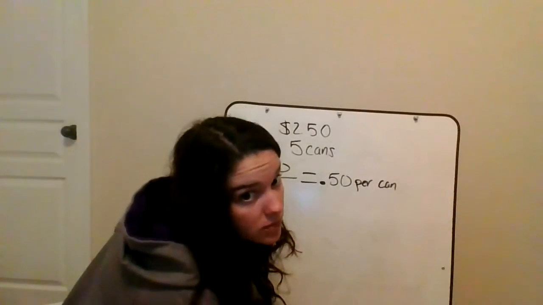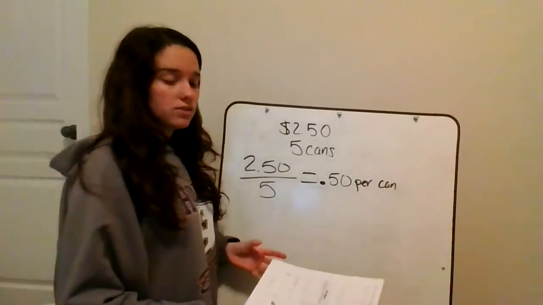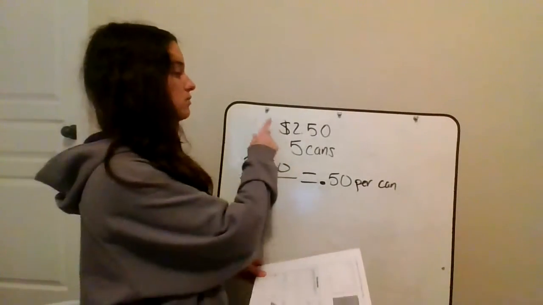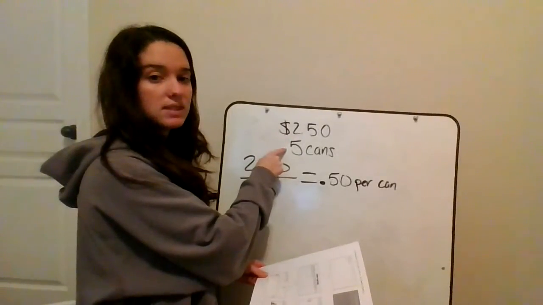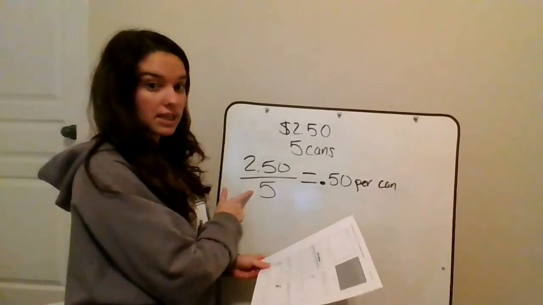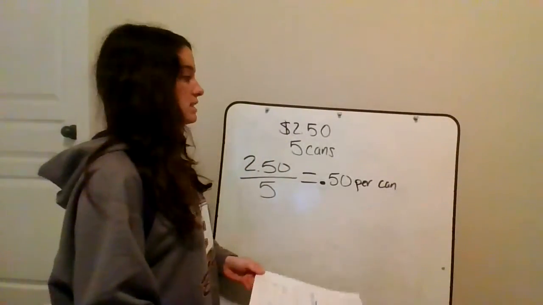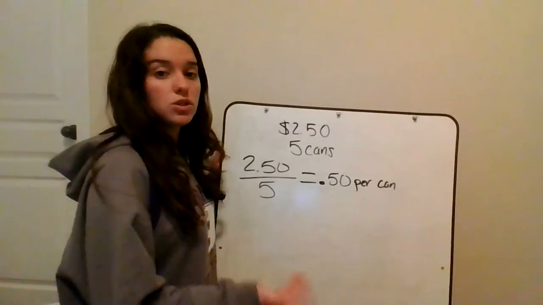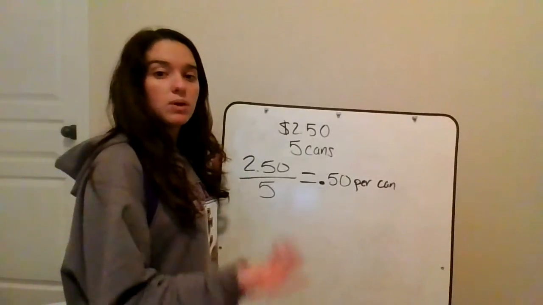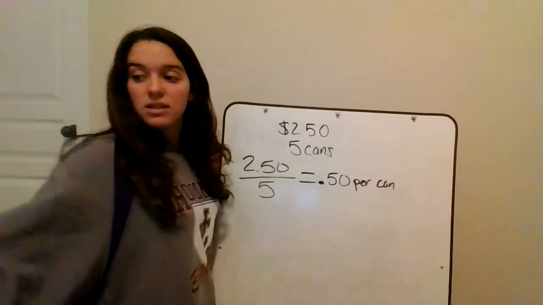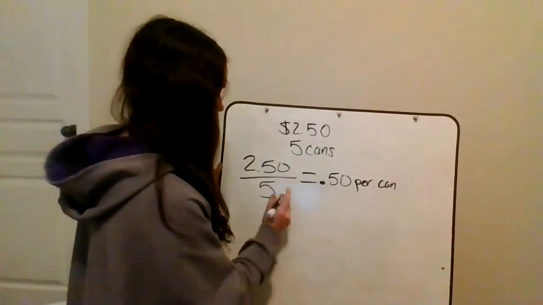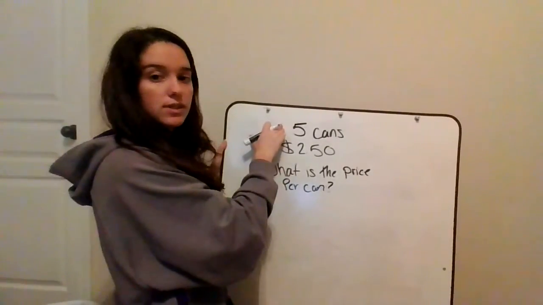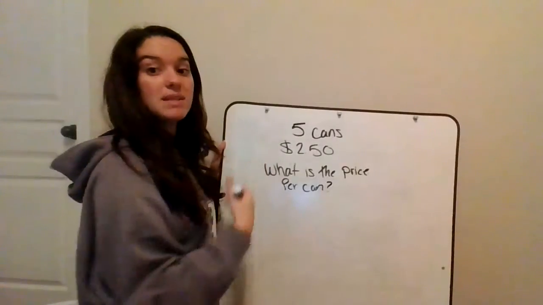Now, one thing we need to remember is that when we're answering unit rate questions, like this one said, find price per can. At first it gave us the price, then the cans, then it wanted to know price per can. But there can be times when it's going to say there are 5 cans and they cost $2.50. What is the price per can? Just because they give you cans first and the money second, that doesn't mean that's what they're asking for.